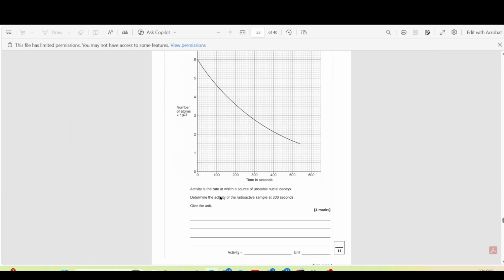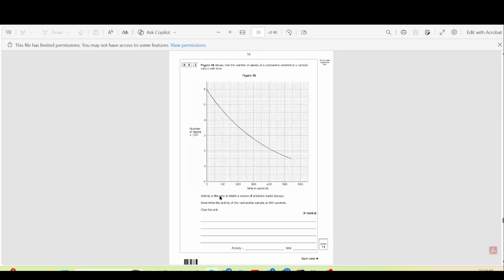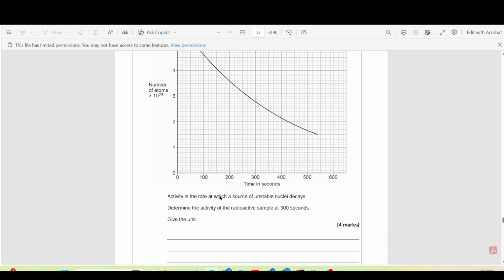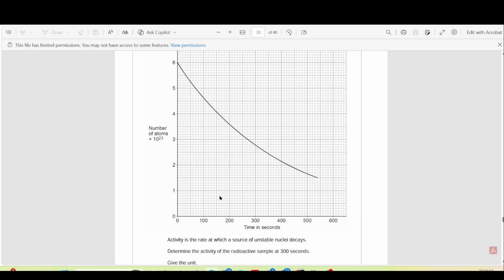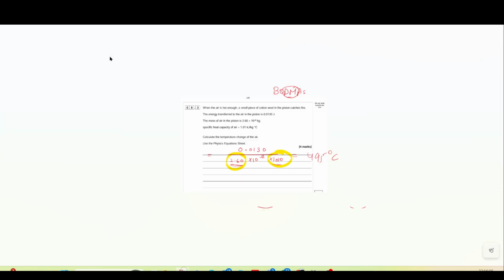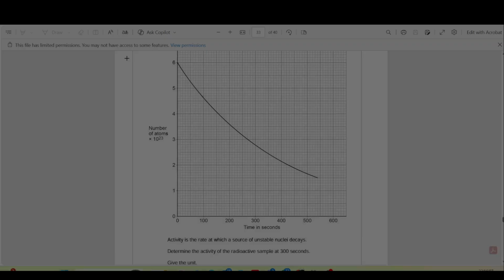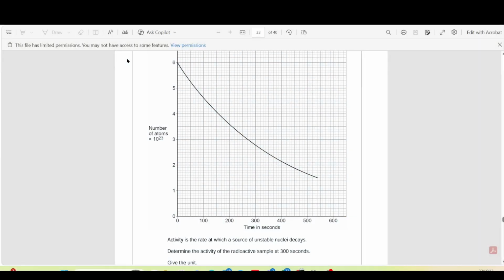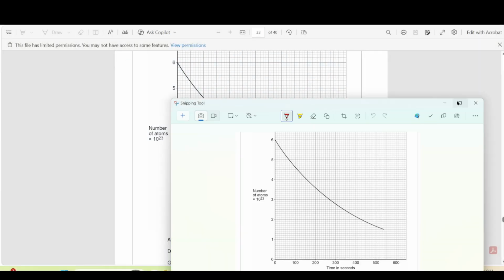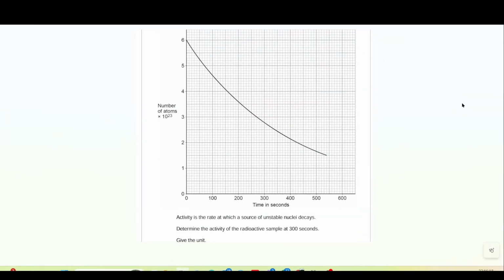Let me take the screenshot. Find how many number of atoms are there first, right? There is a whole formula. Do you know how to find slope in math? Yeah, it is similar to that. It says activity of radioactive sample at what time? 300 seconds.